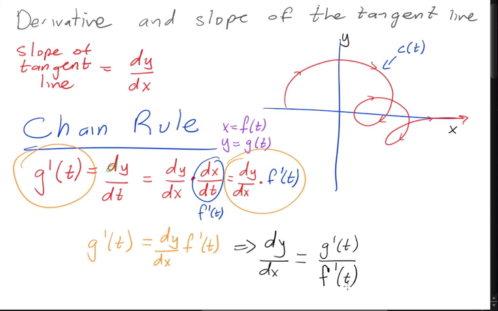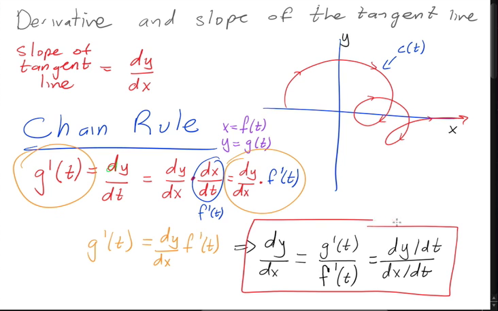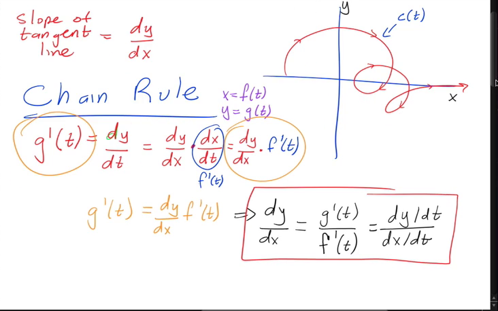We just solved for it, right? And you can also write this, it's probably easier to see it, as g prime of t, that's dy over dt, over dx over dt. So this is the slope of the tangent line. Okay, so let's do an example. Let's see.